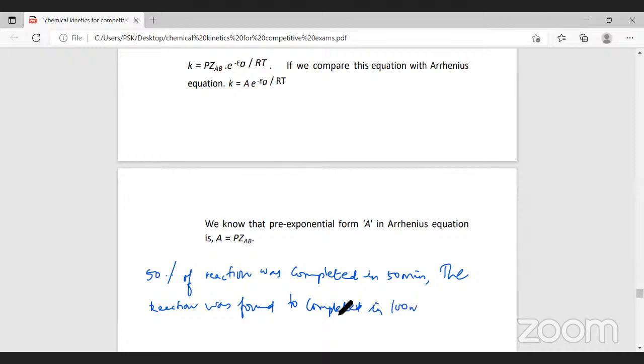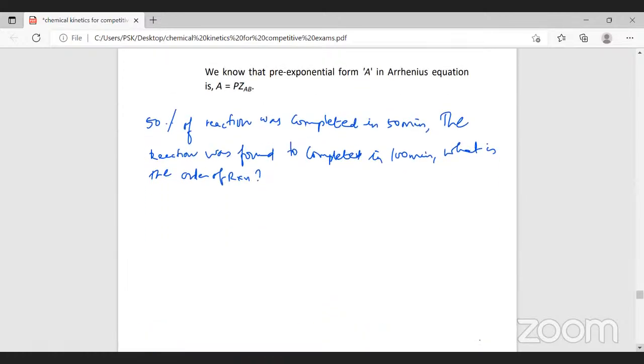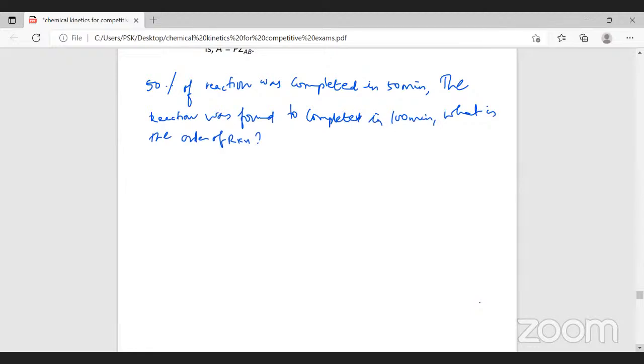What is the order of the reaction? The question is very straightforward. 50% reaction was completed in 50 minutes and the reaction was found to complete in 100 minutes. What is the order of the reaction?